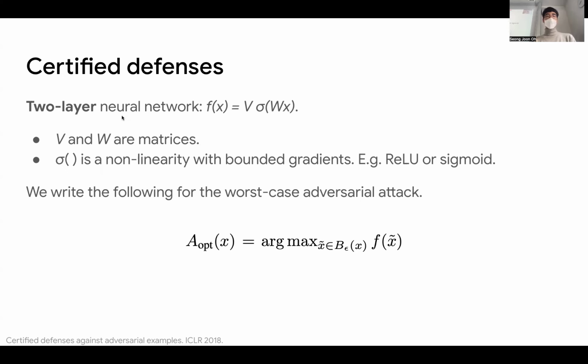In this case, they simplify the network into a 2-layer neural network that looks like this, V and sigma, it could be sigmoid or ReLU, and then Wx, where this sigma has to be non-linear and also has bounded gradients. And then we write the worst case adversarial attack within this LP ball as A opt of X. So A is the adversary, right?